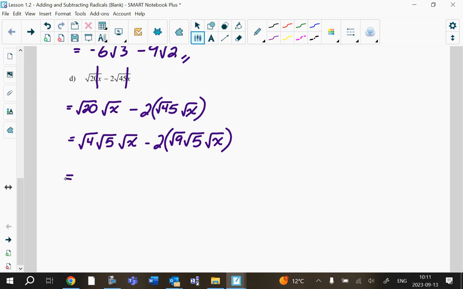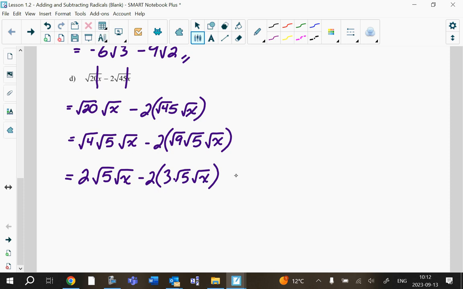What's the square root of 4? Times the square root of 5 times the square root of x minus 2 times, what's the square root of 9? Times the square root of 5 times the square root of x.